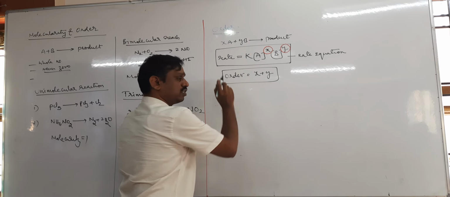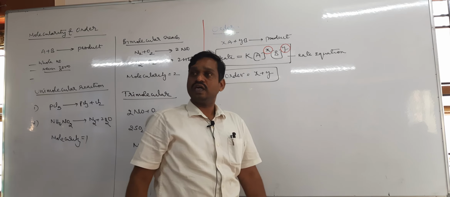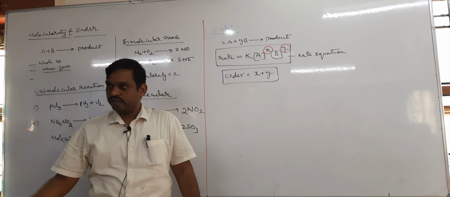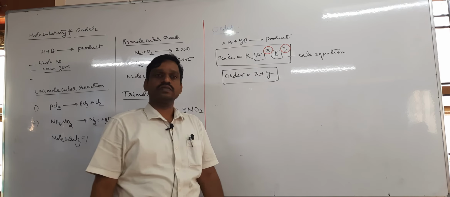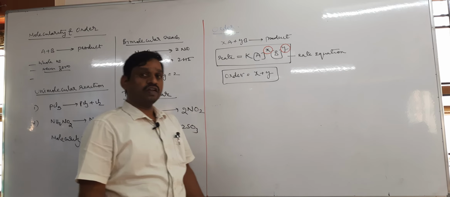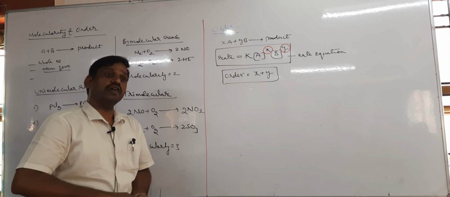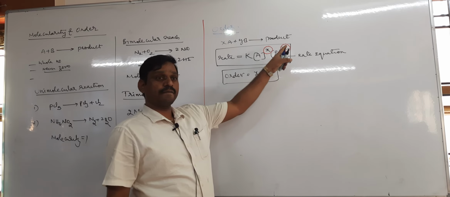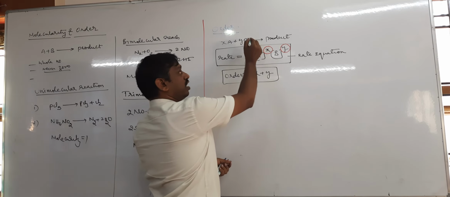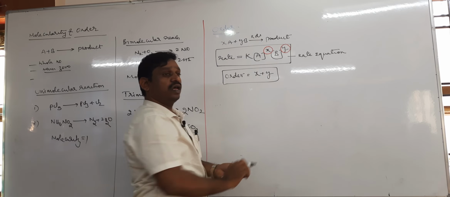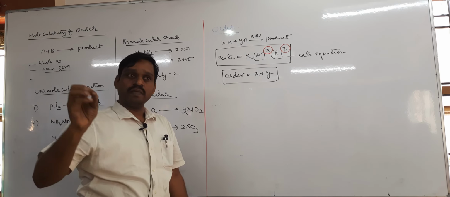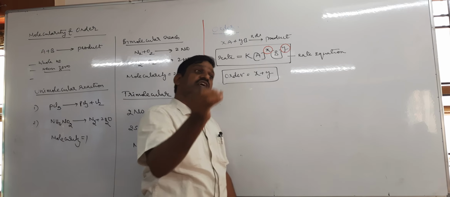This is order. Another definition: order can also be defined as, when reactants convert into product in the RDS or elementary step, the number of reactant molecules changing their concentration.